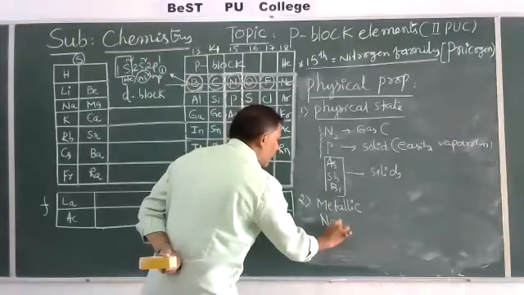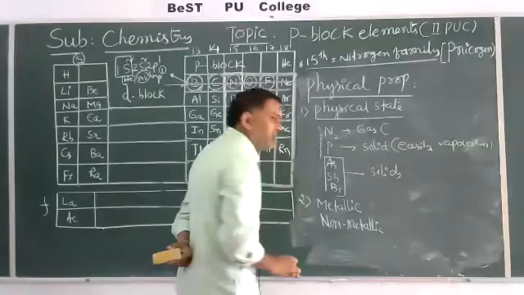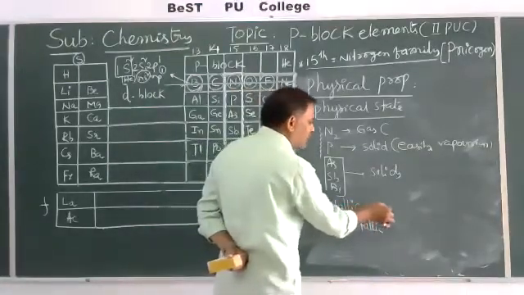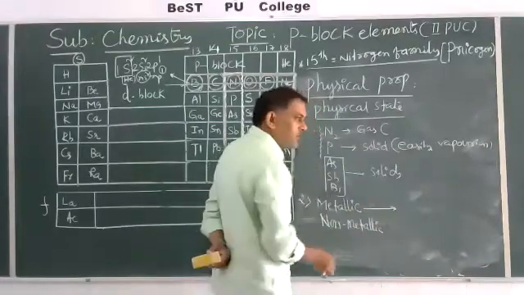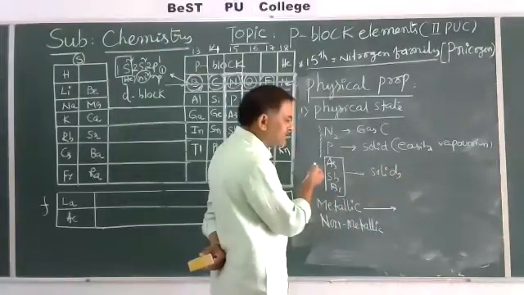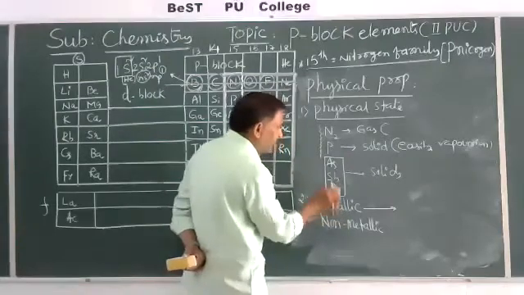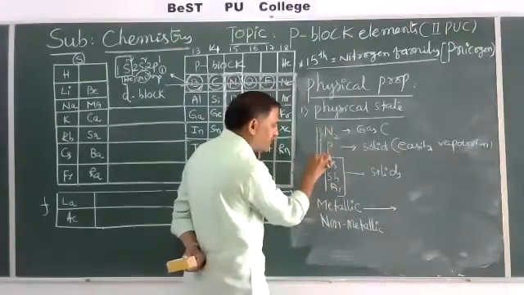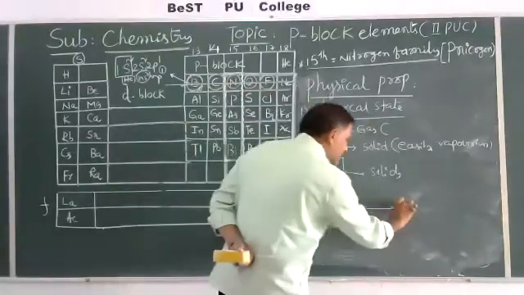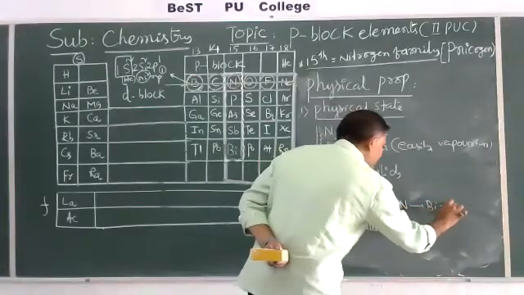Generally, from top to bottom in the periodic table, metallic character increases and non-metallic character decreases. These are first PU, 11th standard periodic table points. So from nitrogen to bismuth, top to bottom, what happens to metallic character?